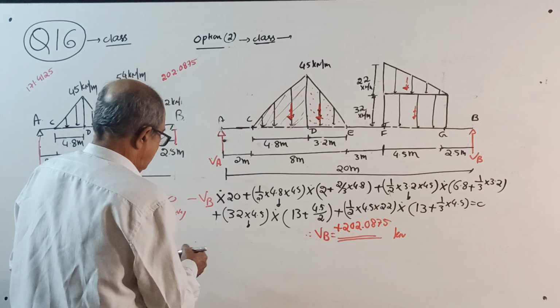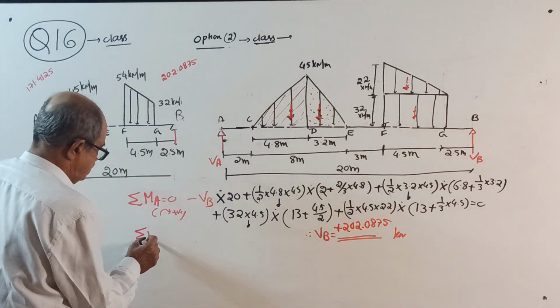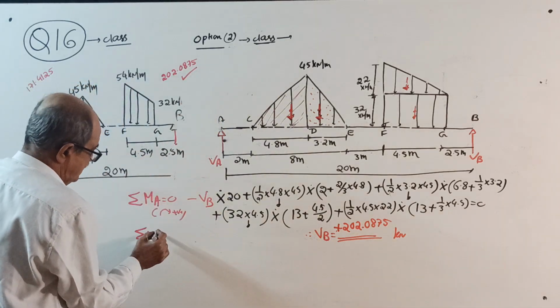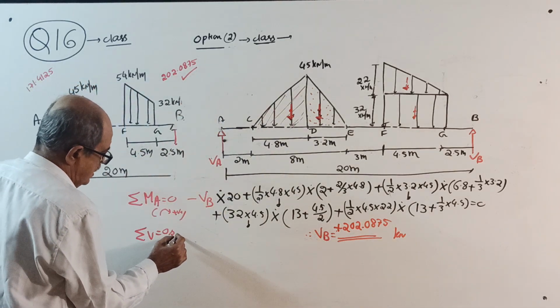Okay, then sigma V equal to 0. Check the answer. See, perfectly correct. I remove the entry. Sigma V 0, upward positive.